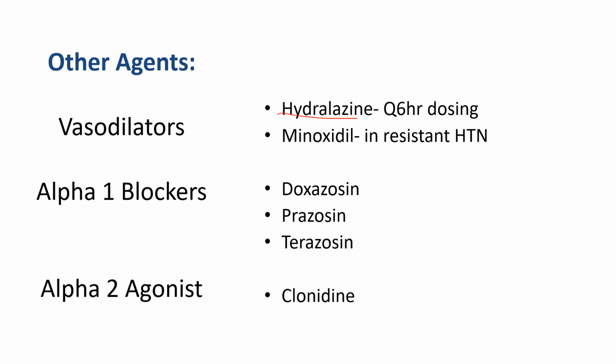Then you have alpha blockers, alpha 1 blocker and alpha 2 agonist. Now, remember earlier during beta blockers, I said you have beta 1 and beta 2 receptors. I said beta 1 was in the heart, and the function was to increase contractility and increase heart rate. And I said beta 2 are in the lungs, and the purpose was bronchodilation.